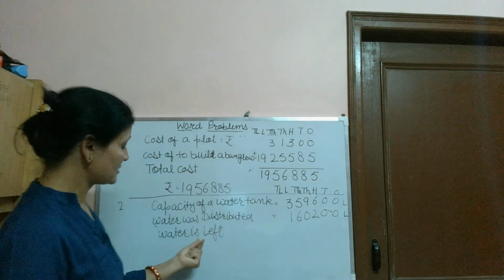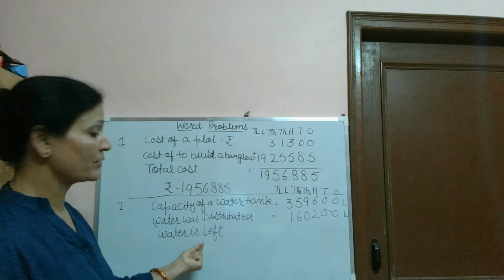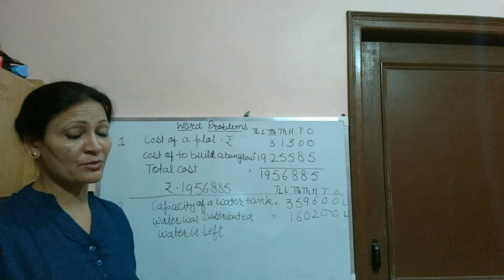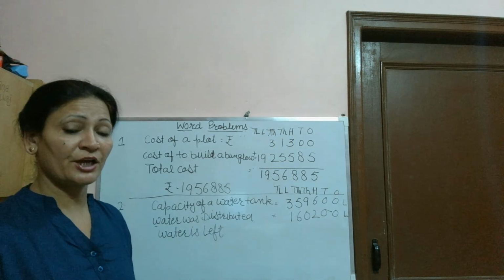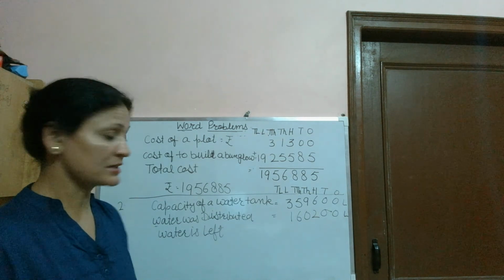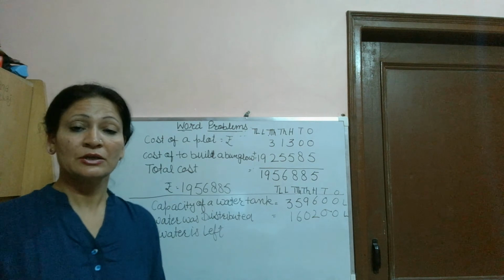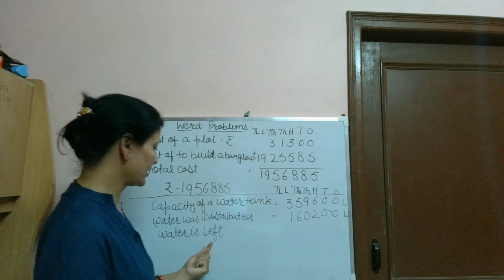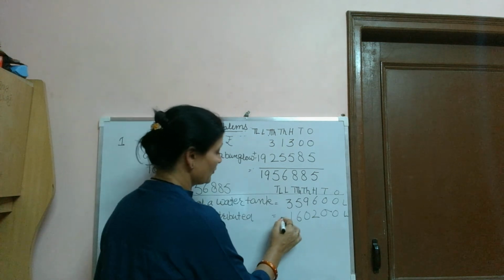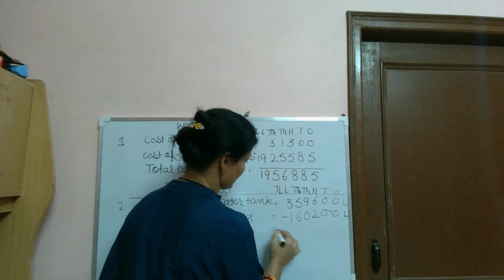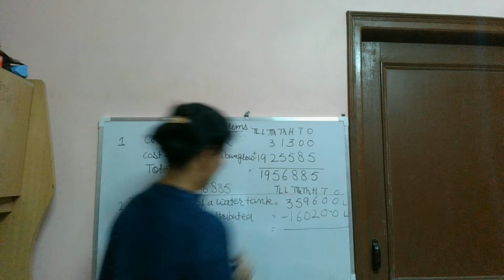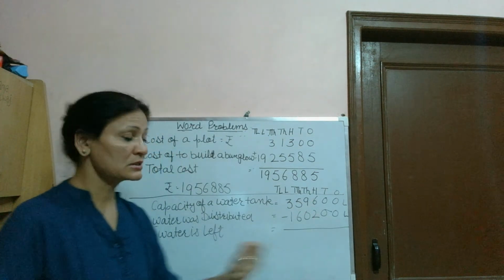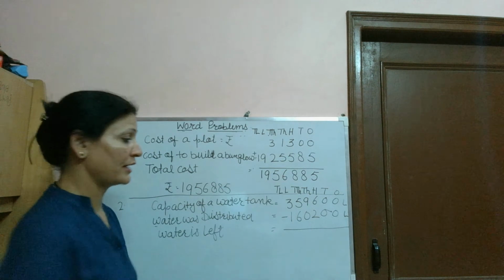It is asking for what is left. Left means, I have told you, the words of subtraction: left, take away, difference, less than. These words are used in difference. There is left, so we will put the sign of minus. Now we will subtract from the right hand side.